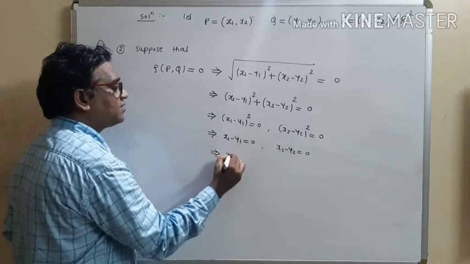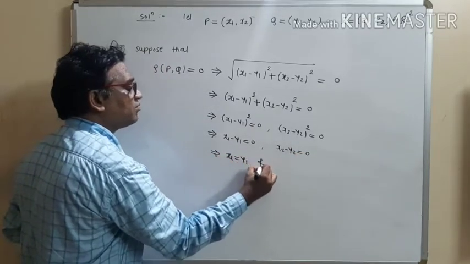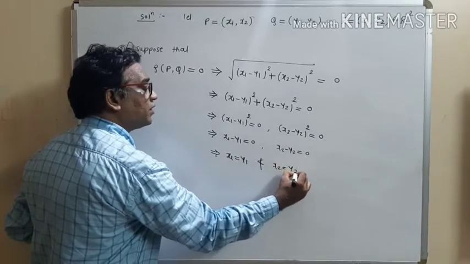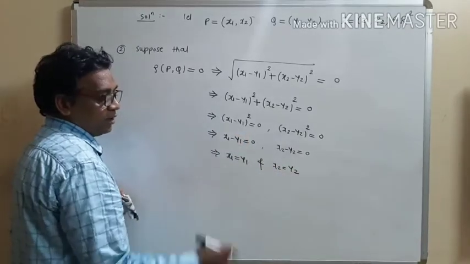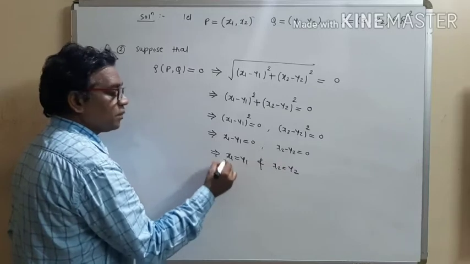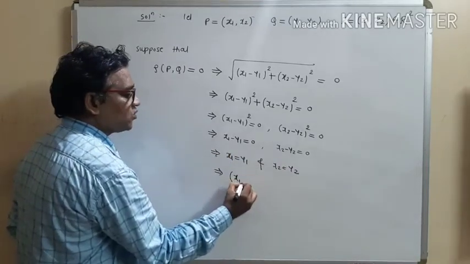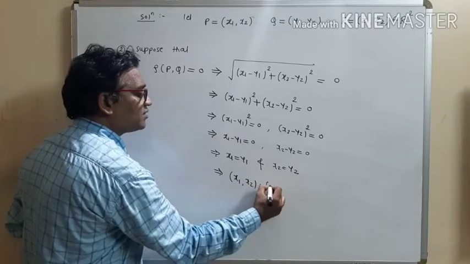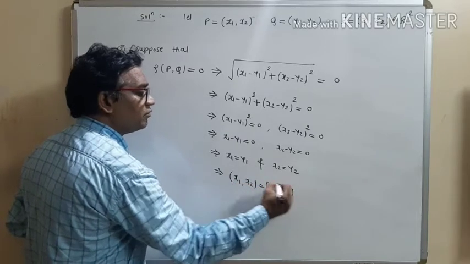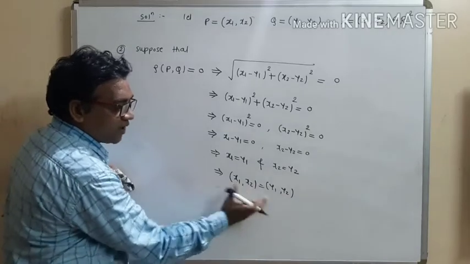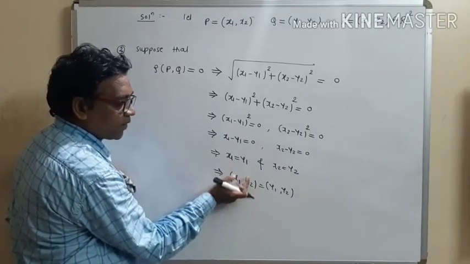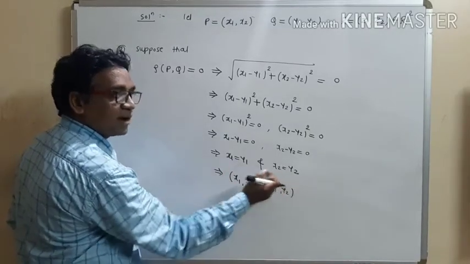This implies that x1 is equal to y1 and x2 is equal to y2. So we can write this in terms of the coordinate system. This is our point (x1, x2), and this is the same as the point (y1, y2).